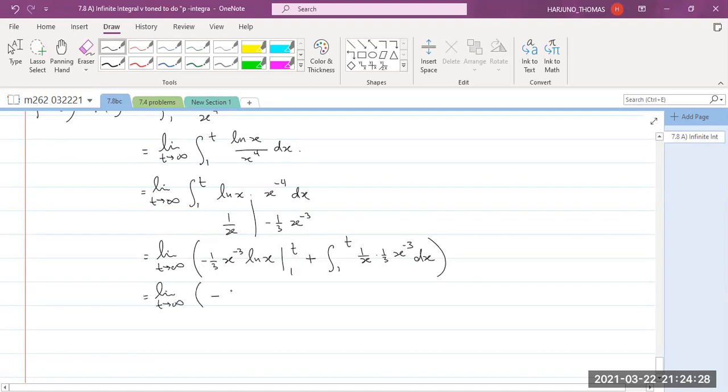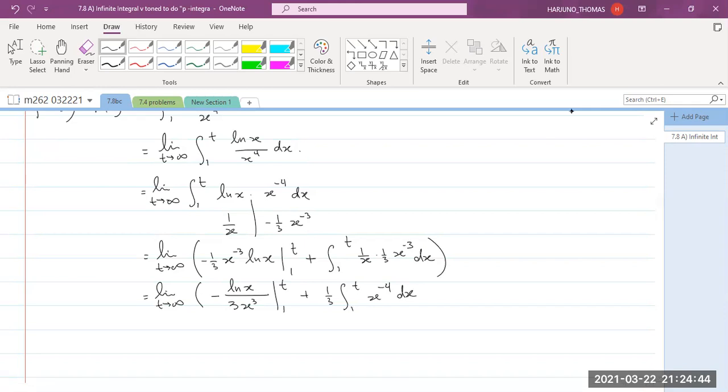So this is negative natural log of x over 3x cubed from 1 to t plus 1/3 the integral from 1 to t of x to the negative 4 dx. I have a negative here, but there is a negative also here, so it's supposed to look like this.